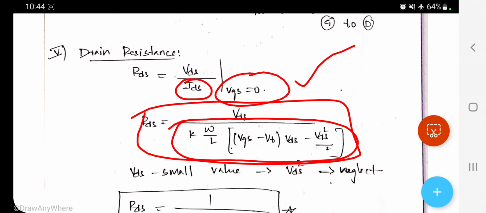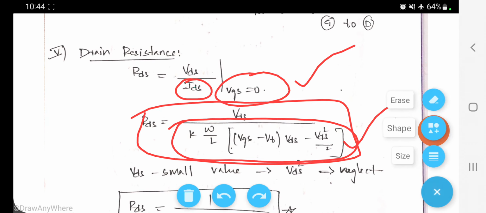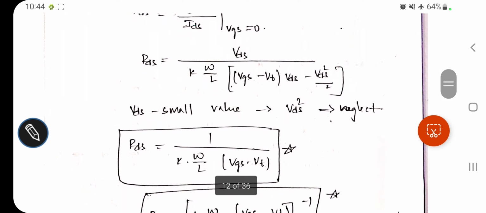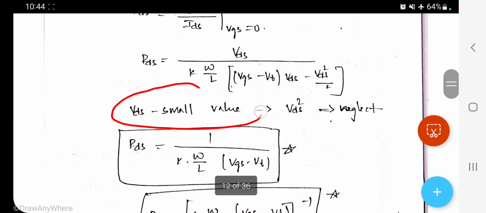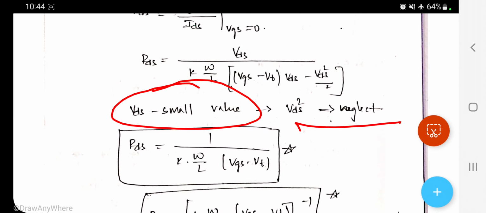For the definition of drain resistance we take VGS equal to 0, but here we are going to consider linear region or non-saturation region current, right? The condition is that VDS is very small, and VDS square is further very small. So the VDS square by 2 term is neglected.